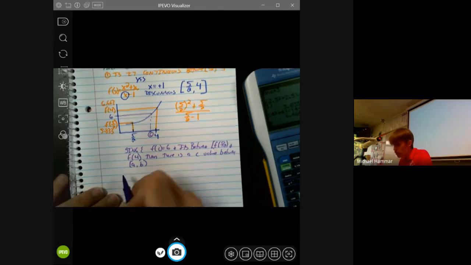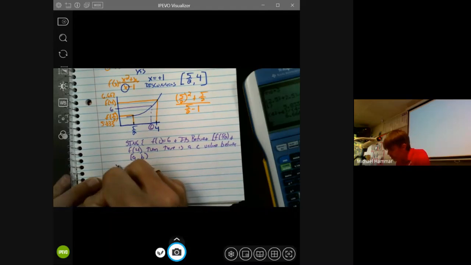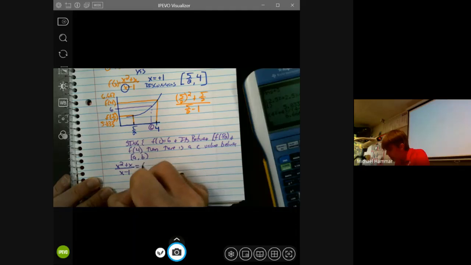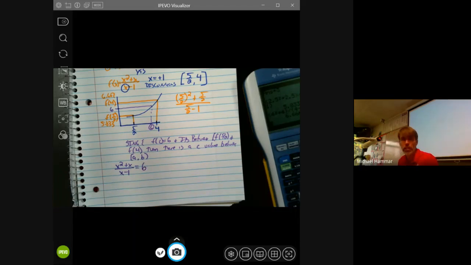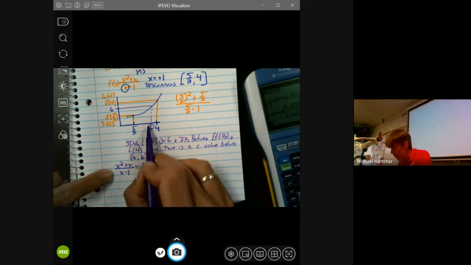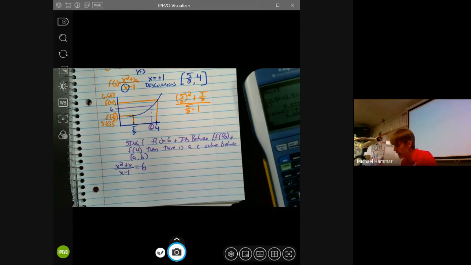So what you have to do is set x squared plus x over x minus 1 equal to 6. If you're going to calculate what the c value is, remember, the c value is this x value somewhere on here, so we need to figure out what x is.